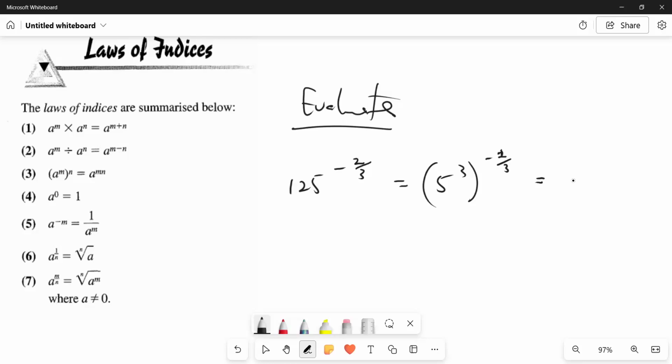So you have what? 3 by minus 2/3 will give you minus 2. This now turns out to be 1 over 5 squared, which is 1 over 25.